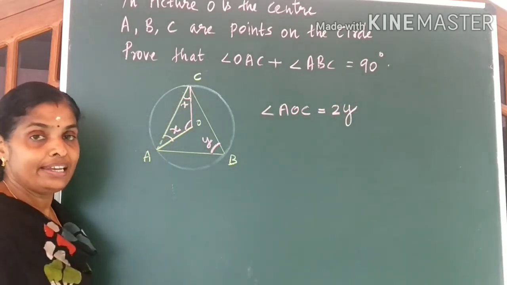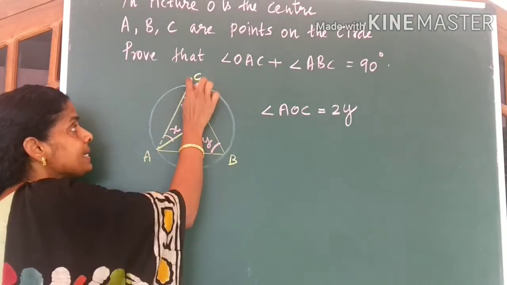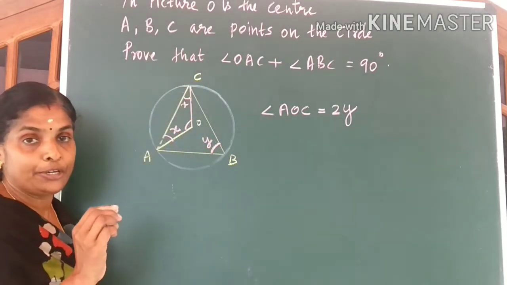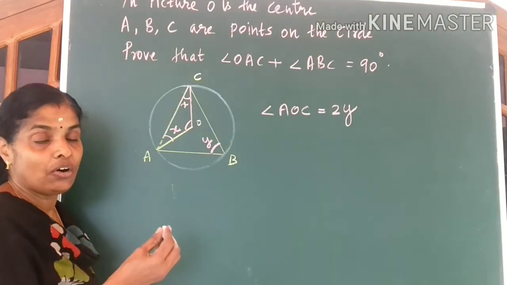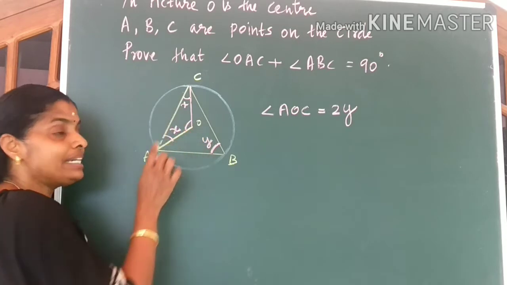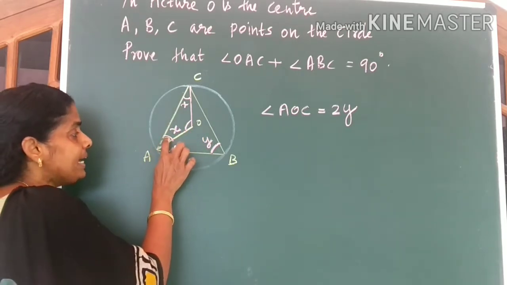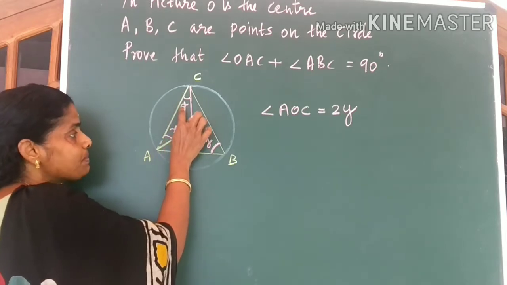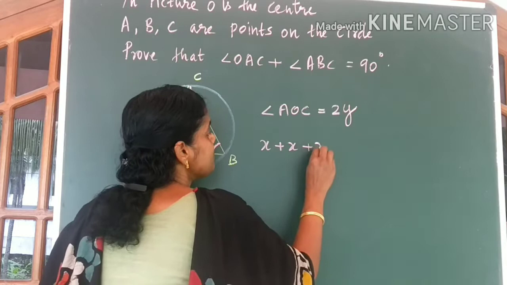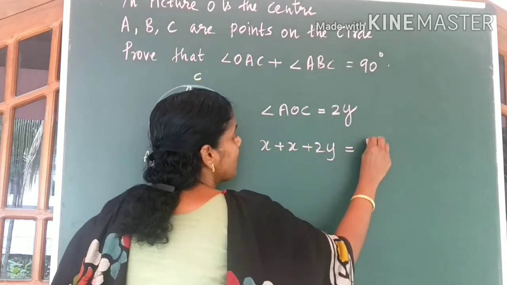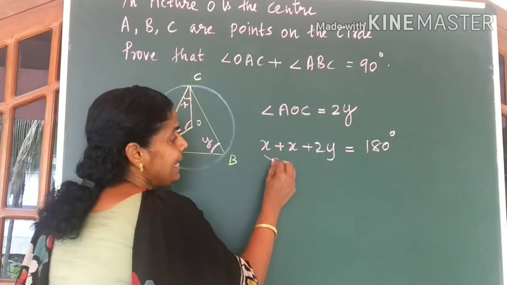Do you understand? Now, we know sum of all angles in this triangle to be equal to 180 degree. So, let us add all the angles of the small triangle. If you add the angles, what do you get? x plus x plus 2y to be equal to 180 degree. Let us add x and x.